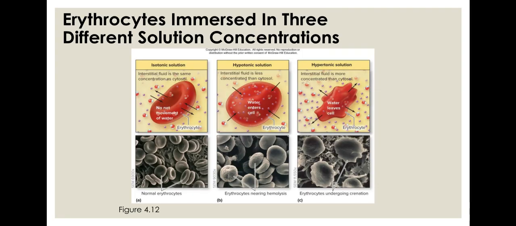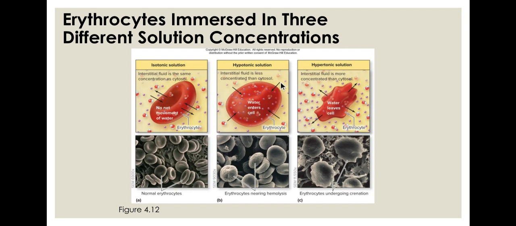So here's what it would look like to put red blood cells, this comes from your book, in these 3 different types of solution. If we're in an isotonic solution, there's no net movement of water. It's moving in and out of the cell at the same rate, so we have a normal red blood cell. It's functioning how it should.